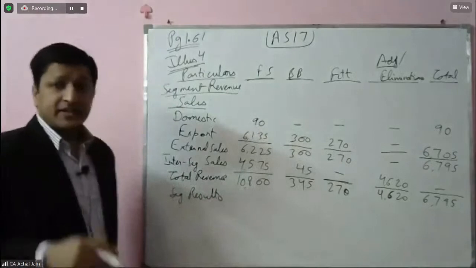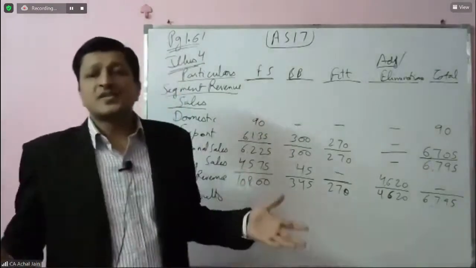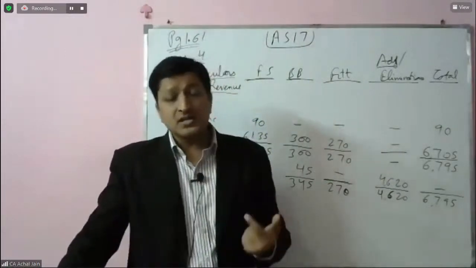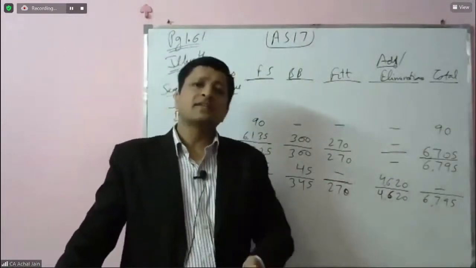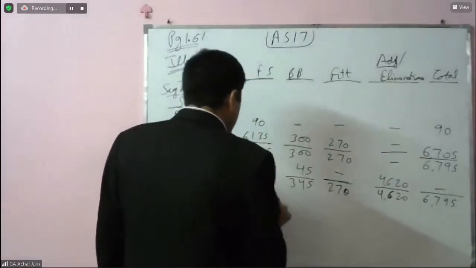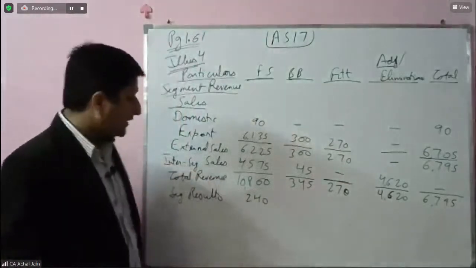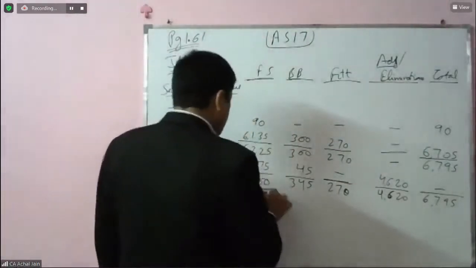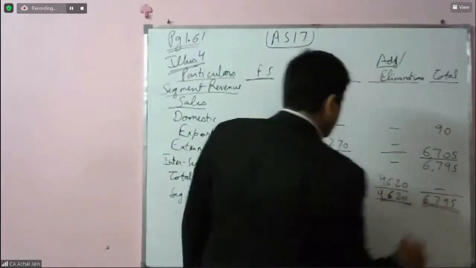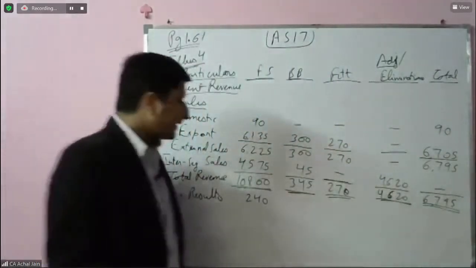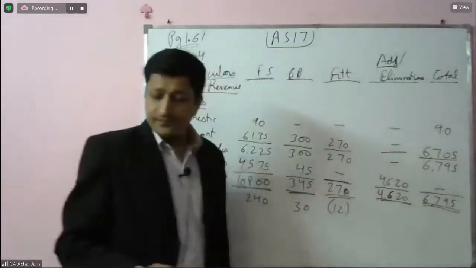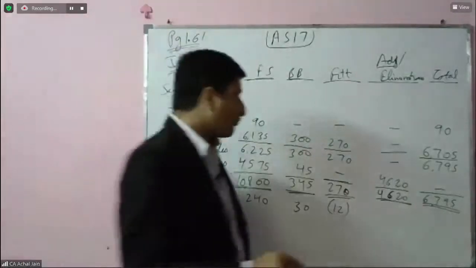Please understand that in this question, segment expenses as required are not available. And segment results, which we would have computed otherwise, are given in the questions. So that's why we are putting it on the basis of the information given in the question. 240, minus 13, minus 12. So all in all, this will become 258.